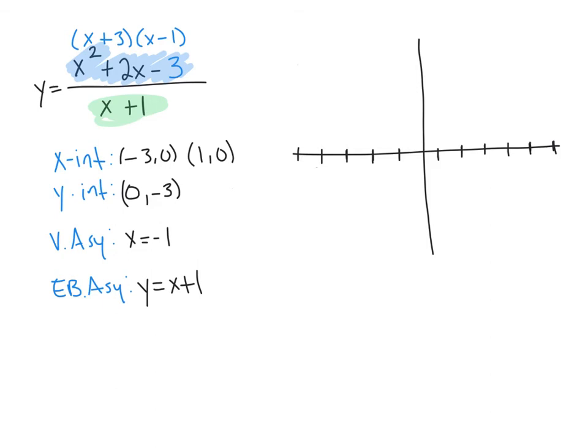And then on the y-axis, I know that I have a y-intercept here at negative 3. And then my end behavior asymptote is actually not a straight line. This is going to be a slant asymptote like that. It's going to go up and down like that. But my slope, the number just in front of the x, is just 1.